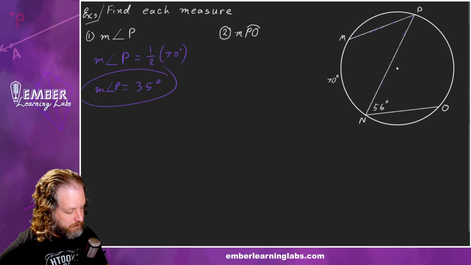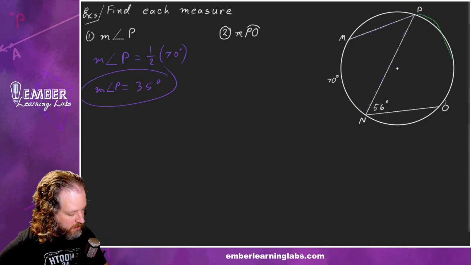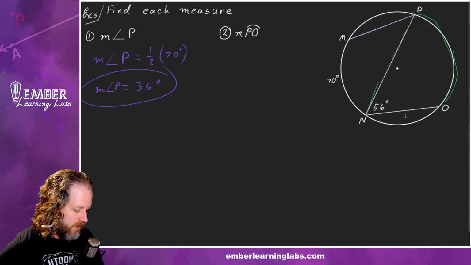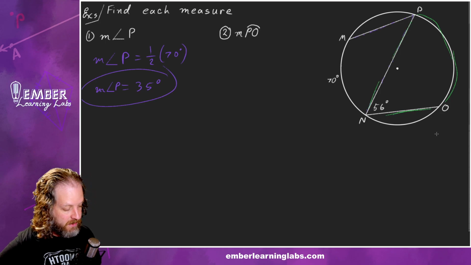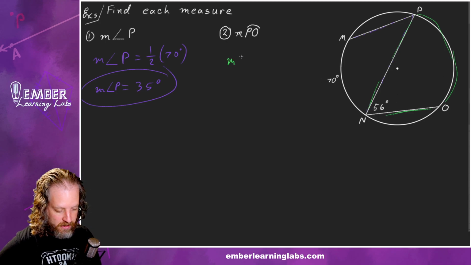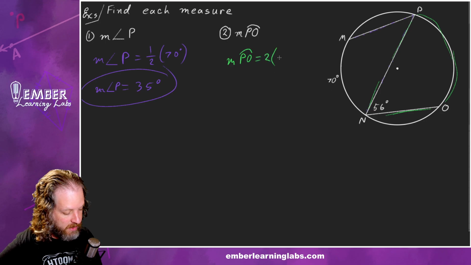What about PO? So PO is this arc right here. Arc PO is this one right here. So that one goes with this angle right here, right? That guy. So it is double this one. So the measure of arc PO is twice as big as 56.